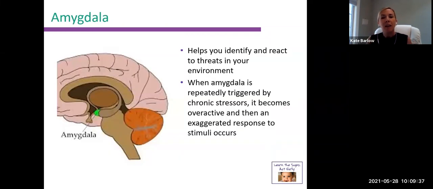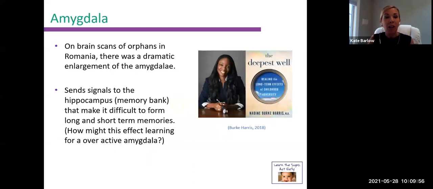So the amygdala helps you identify the threats in your environment. And if the amygdala is continuously activated, then it has difficulty shutting itself off. And so all of a sudden, it's sort of the thermostat gets broken and the child is living in this heightened state.